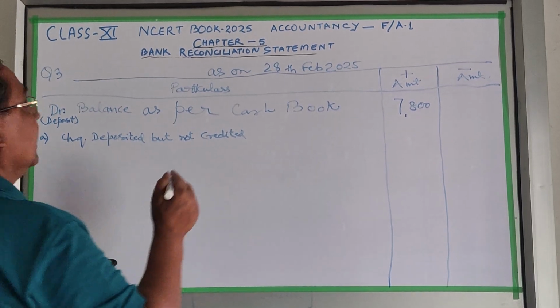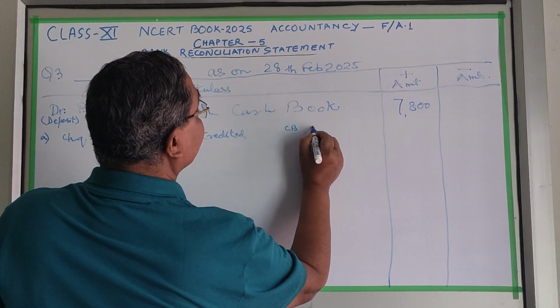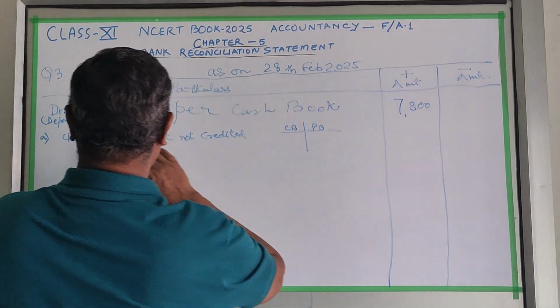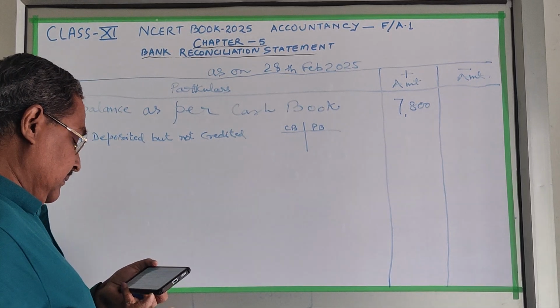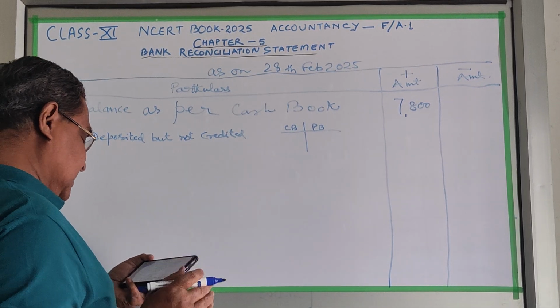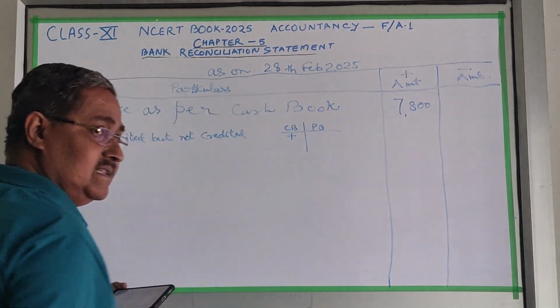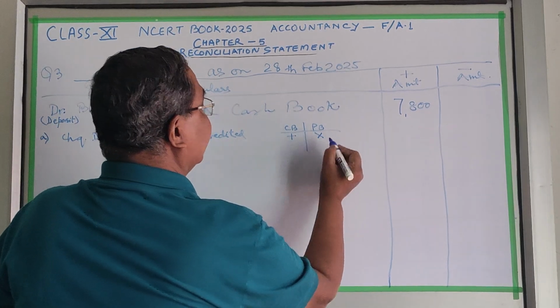So what to do? Here if we see the position, one is we have a cash book and one we have a passbook. What is the scenario? You have deposited a check, means you have increased your balance. But in the bank it was not entered.